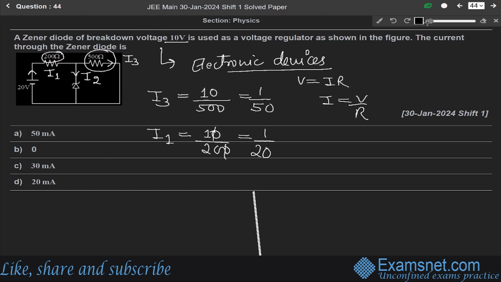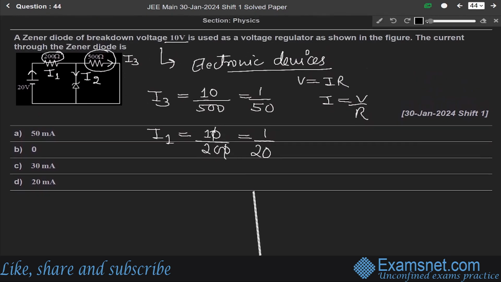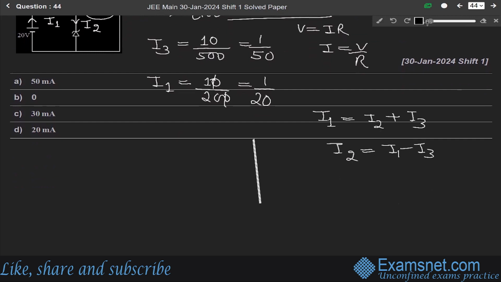Now this I2, we have to find this I2 current. Since I1 will be equal to I2 plus I3, I2 will be equal to I1 minus I3. I1 is 1 over 20 minus I3 is 1 over 50.